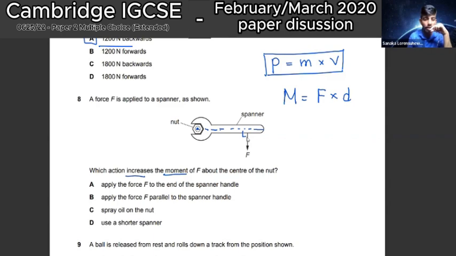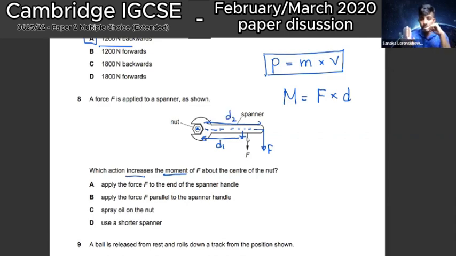See, I increase the moment. Which action? Okay, right. A. Apply the force F to the end of the spinner handle. Now this force is applied at the end of this spinner. What happened? The distance. The previous distance is this one. I call it D1. Now it has increased the distance, D2.